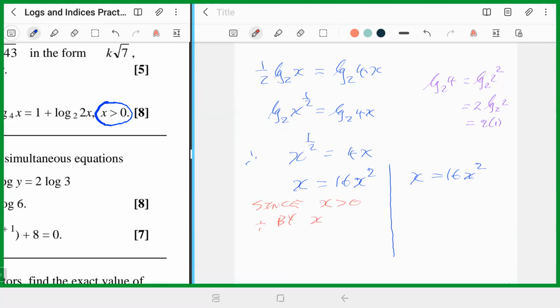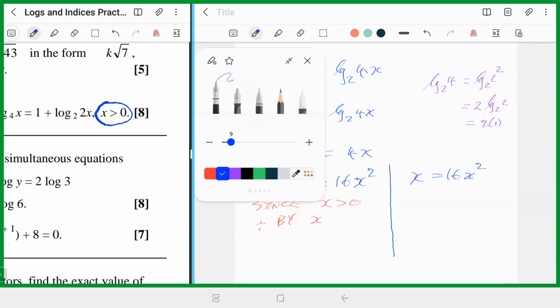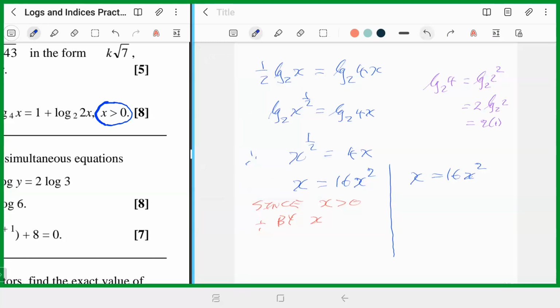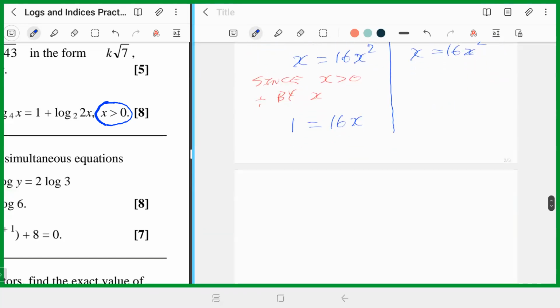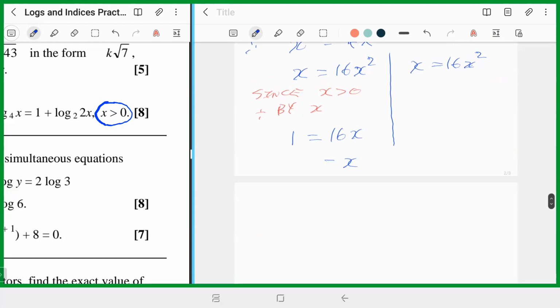If you divide by the x, this side will become 1. This side will become 16x. I divide by x. And so the x will be equal to 1 over 16. That is the answer.